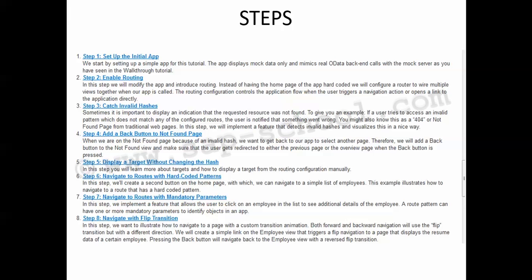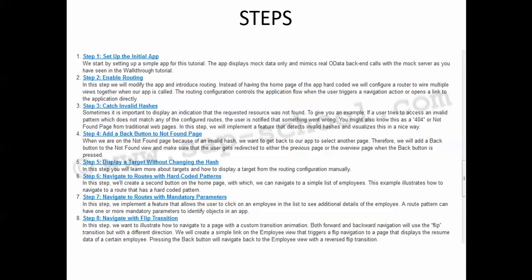So if a user tries to access an invalid pattern which does not match any of the configured routes, the user is notified that something went wrong. So we might also know this as a 404 or the not found page from the traditional web pages. So we'll implement a feature that detects the invalid hashes and visualizes this in a nice way.